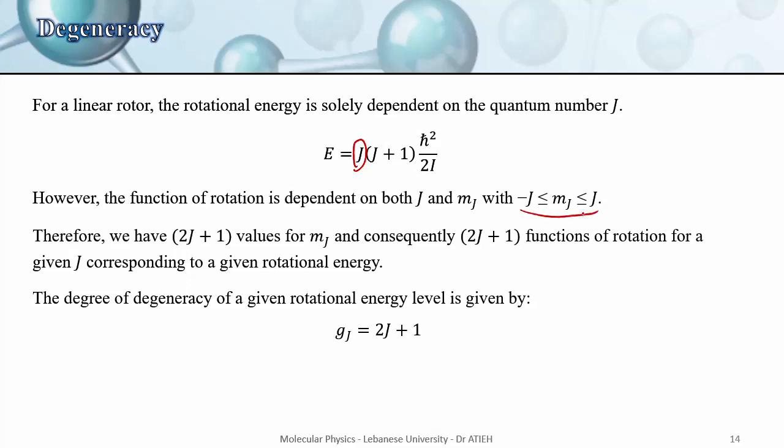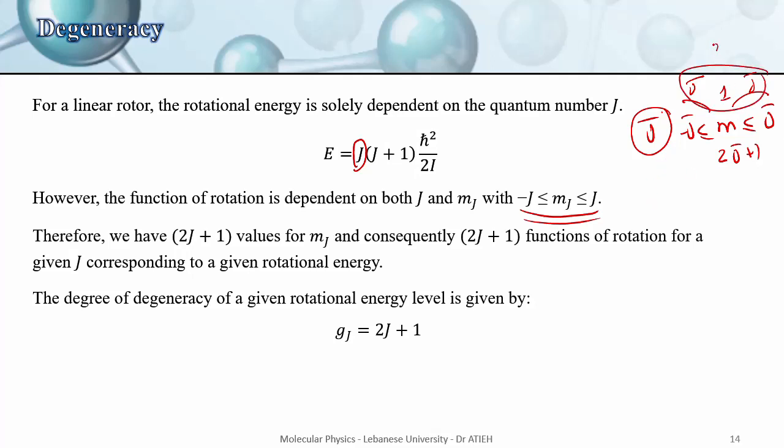We have said earlier that for a certain j, the values of m range from minus j to j. So as you can see, for j, we have 2j plus 1 values: j values on this side, j values on the other side, and one value in the middle.